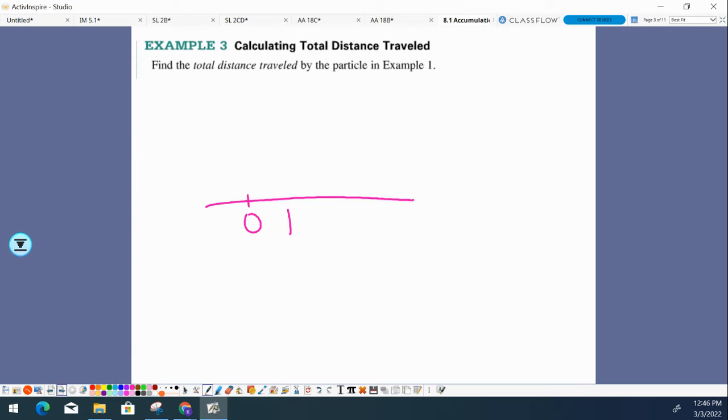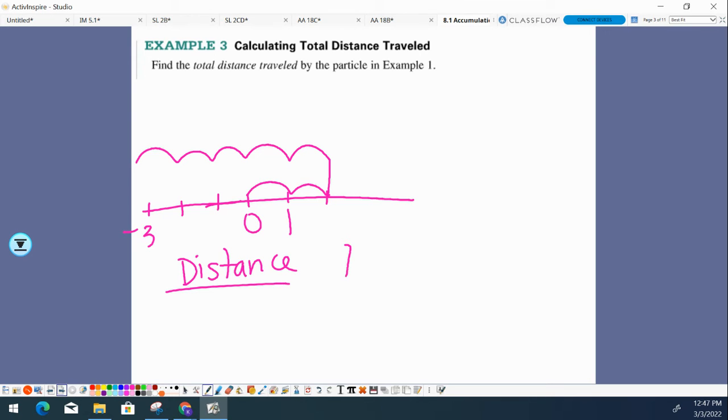If I start at position 0 and I travel 2 steps to the right, and then I take 5 steps to the left, what's the total distance that we traveled?